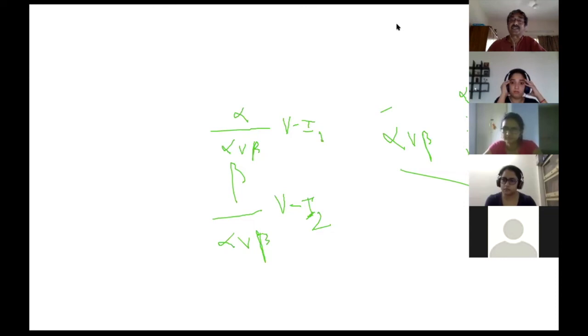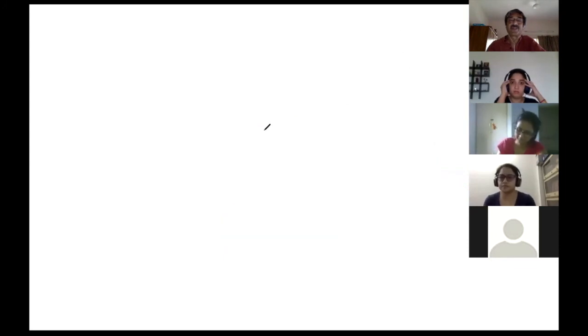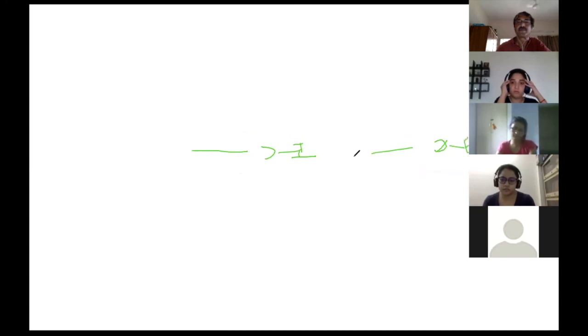So this is for conjunction, disjunction. What about implication? Again, we need one for implication introduction, and we need one for implication elimination. Okay. Sorry about my lines. Now here, alpha implies beta is below the line.